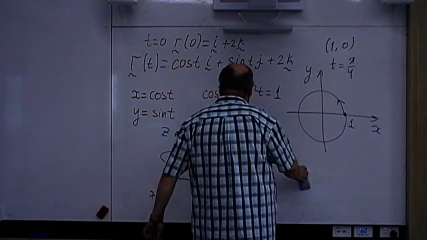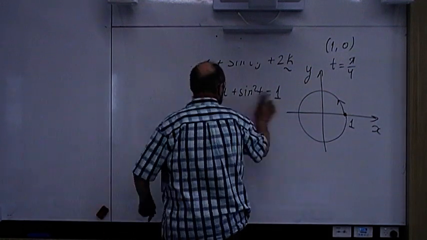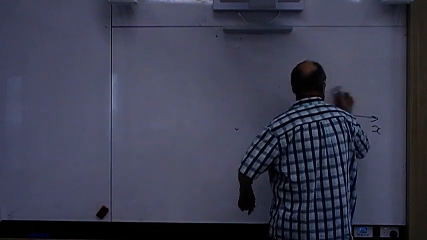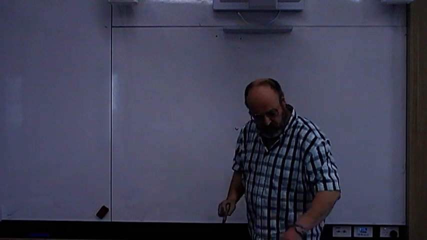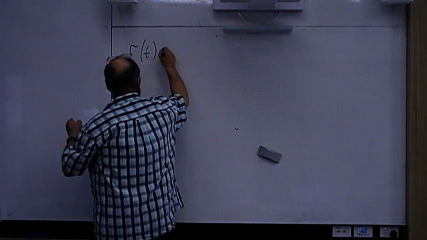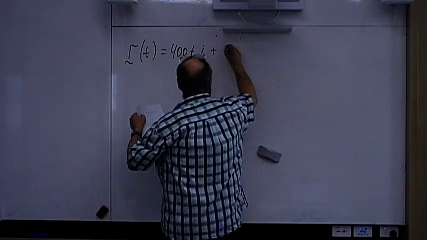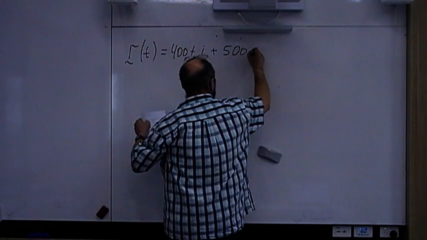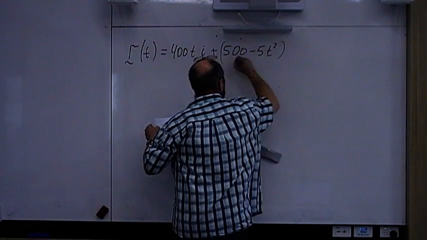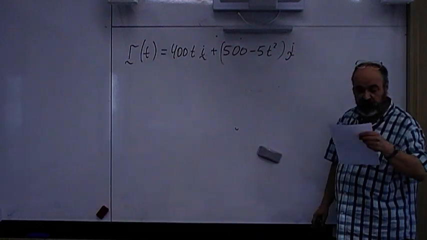Let's consider 2 more examples, and then you will practice on much easier questions. We have the position of the particle given by the vector function of t equals 400t i plus (500 minus 5t squared) j, just two-dimensional motion.